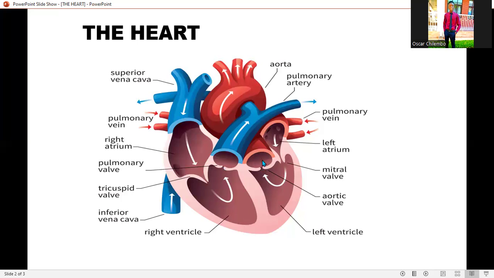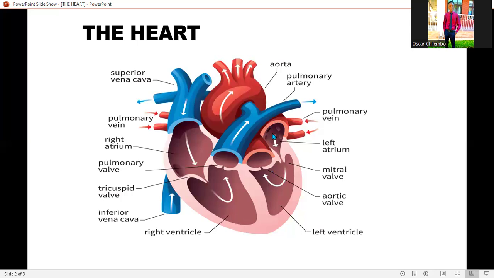So in cardiovascular, when we'll be talking about the cardiac cycle, how does the blood move? We must know that we have two atria and two ventricles.